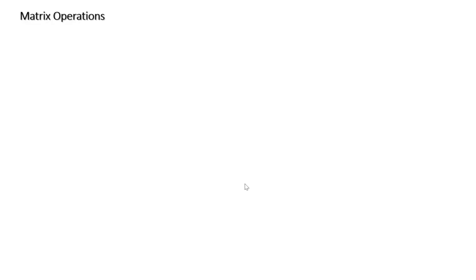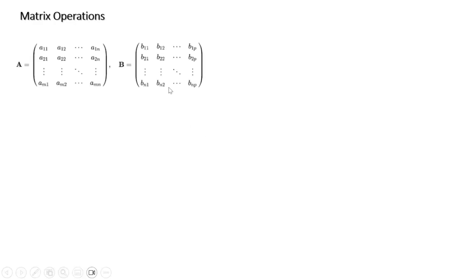Now come matrix operations. If you have matrix A, you're going to go from row 1 all the way to the nth row, and from column 1 all the way to the nth column, whatever the size is, it doesn't matter.